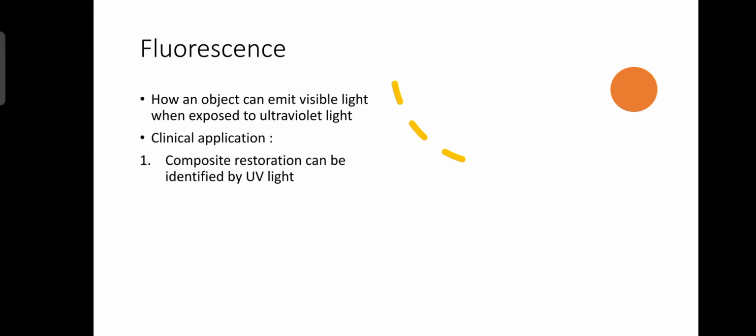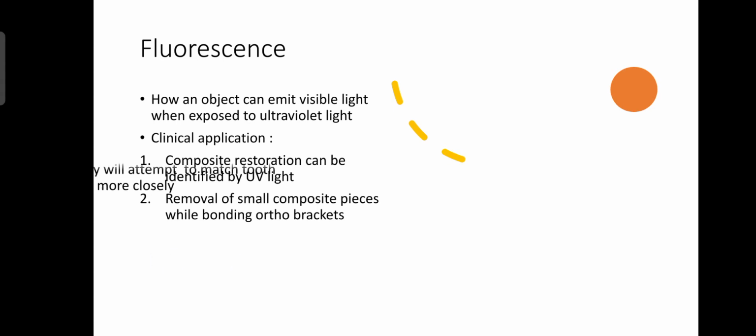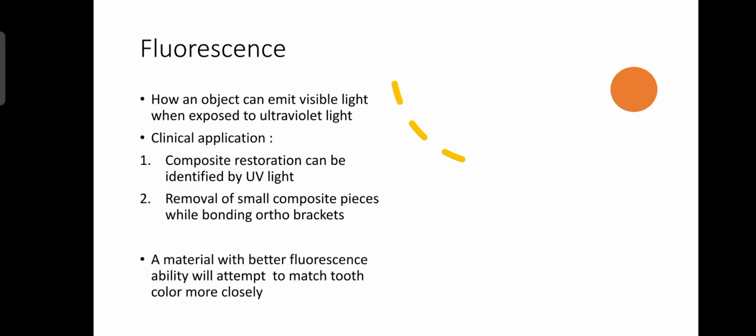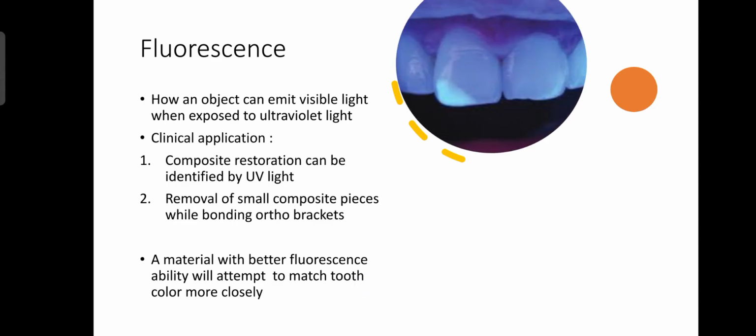I can identify the composite restoration by the ultraviolet light. Or during bracket cementation, I have extra composite pieces that I want to remove after bonding of the brackets. How can I identify the extra pieces of composite? By the ultraviolet light. A material with better fluorescence ability will match the tooth color more closely.